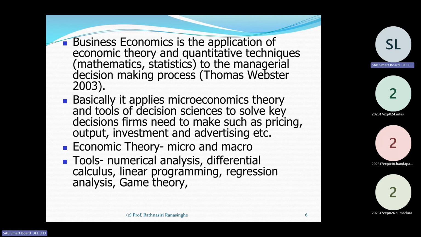So we incorporate different factors of production in the production process. Those things are very important to come up with decisions, right? So therefore, you use differential calculus, and also linear programming, regression analysis, and game theory, right? Some kinds of decision-making tools, using this.